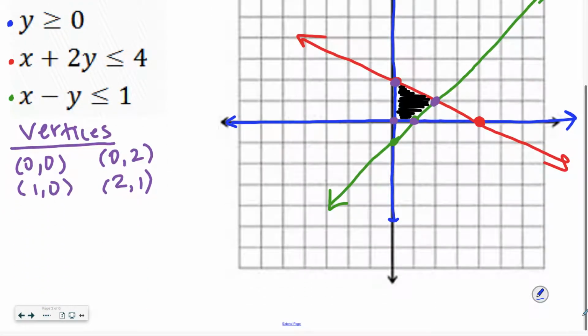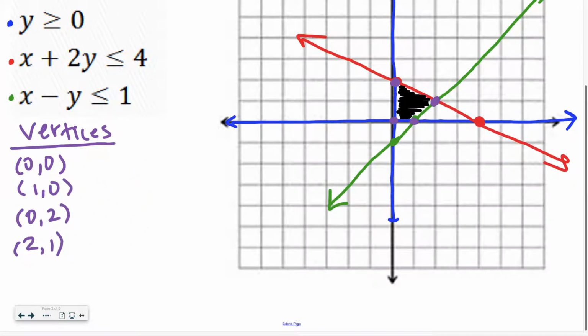Okay, so let me maybe do this. At 0, 0, if we plug that into our objective quantity, we get 3 times 0 plus 2 times 0. 3x plus 2y, what does that equal? 0.